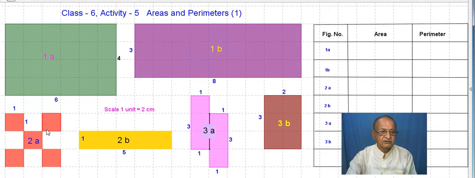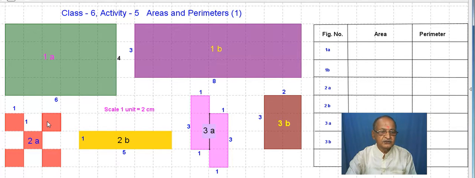This is some peculiar figure. There are 5 squares and they are placed in this star form. Its length is 1 unit, width is also 1 unit. So area will be 1 square unit.